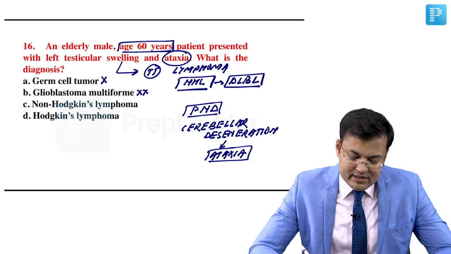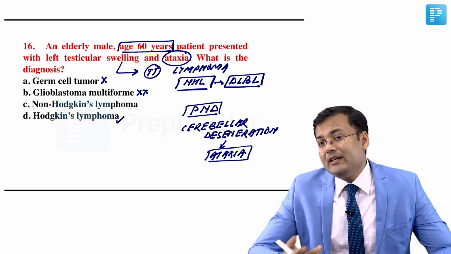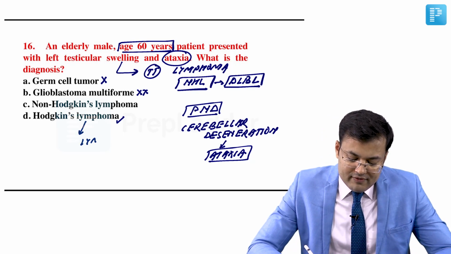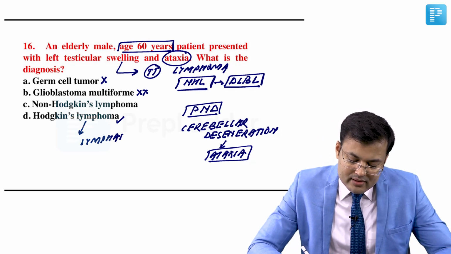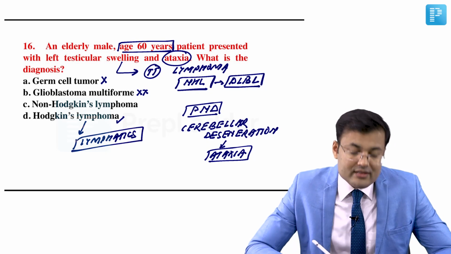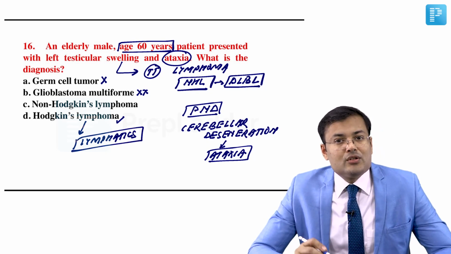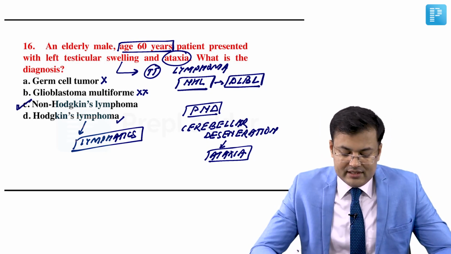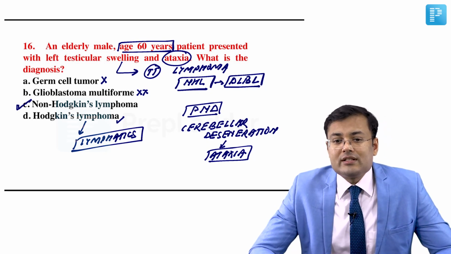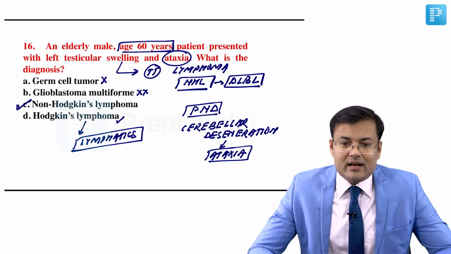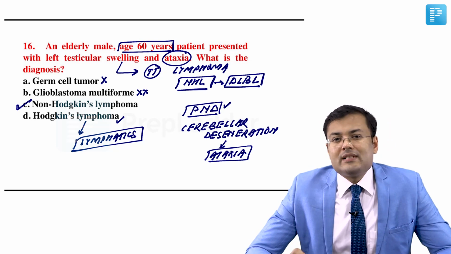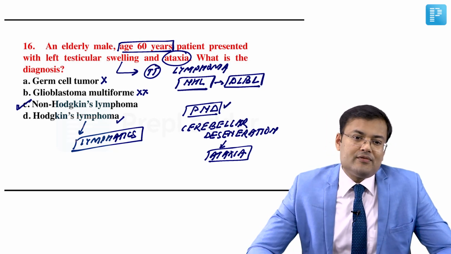Hodgkin's lymphoma can lead to cerebellar degeneration, but Hodgkin's lymphoma is a tumor of lymphatics, so it cannot generally be seen in the testis. So if you see the age and the symptom, the correct answer is C, non-Hodgkin's lymphoma. The cause of ataxia is a paraneoplastic neurological disorder caused by cerebellar degeneration. So the correct answer for this question is C.